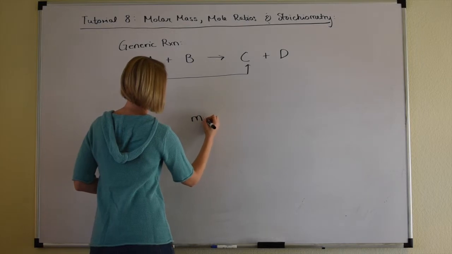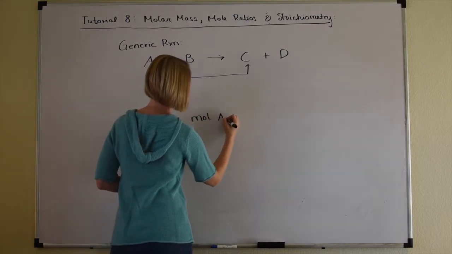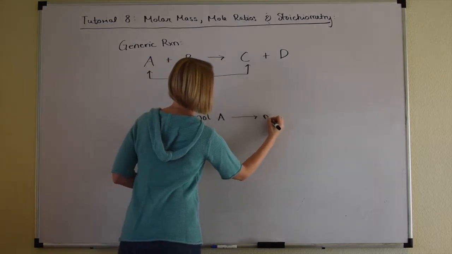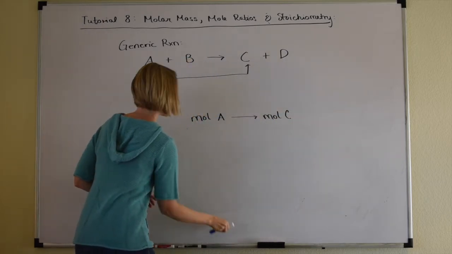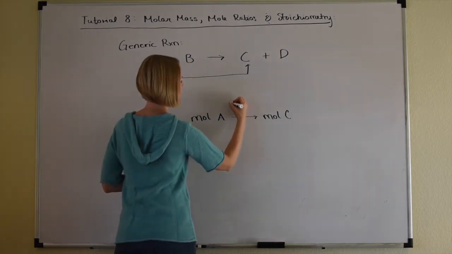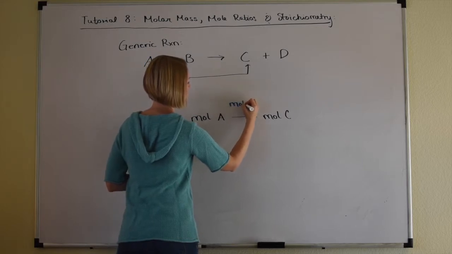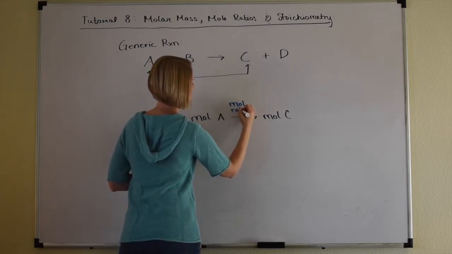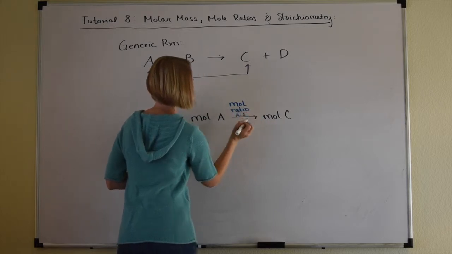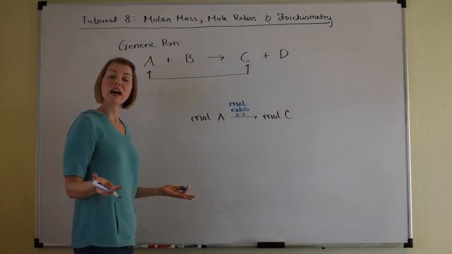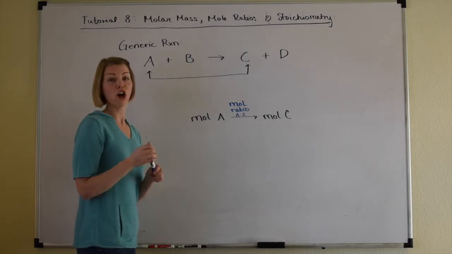So if you're converting moles of A to moles of C, you must know the mole ratio of A to C. And where do you get that? You get that from the balanced chemical equation.